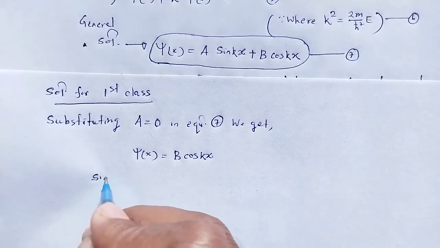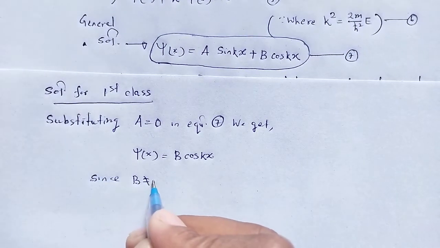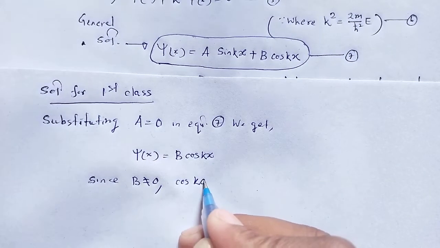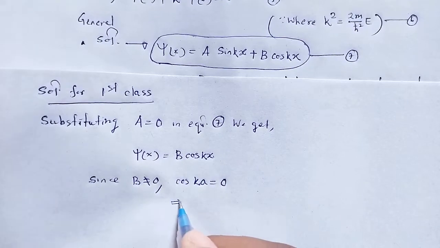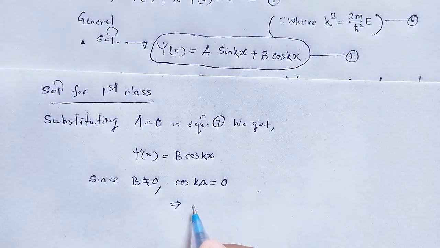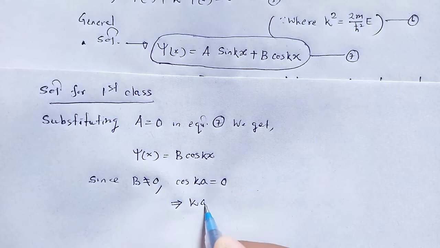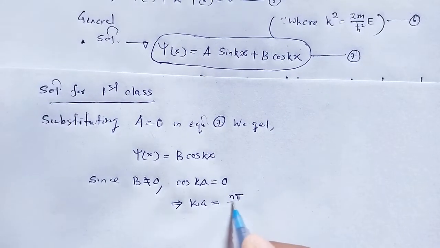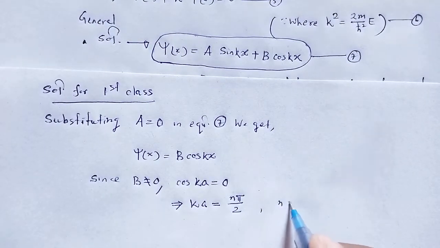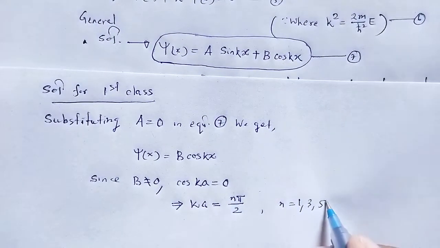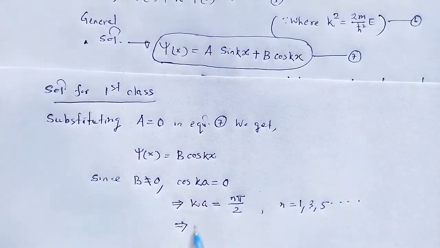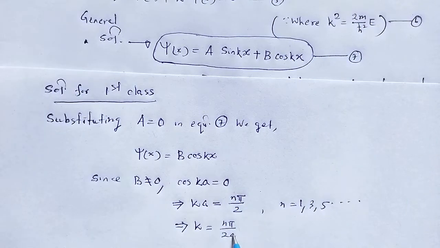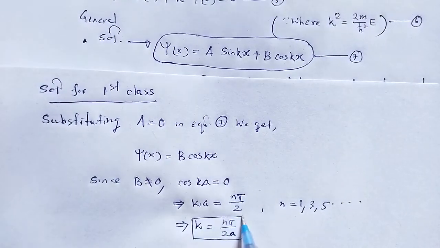Since b is not equal to 0, that means cos ka is equal to 0, which implies ka is equal to n pi by 2, where n stands for 1, 3, 5 and so on, which implies k is equal to n pi by 2a.